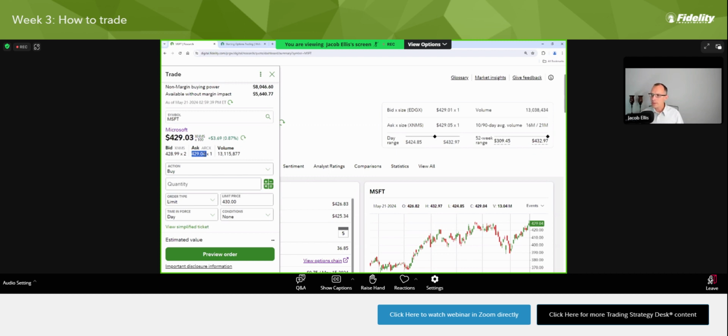Now, this gets a little bit strange if, again, you are trading something that is not highly liquid. Notice the little X1 here. That means there is one round lot of 100 shares available at this price. There is 100 shares being offered for sale at $429 and 4 cents.